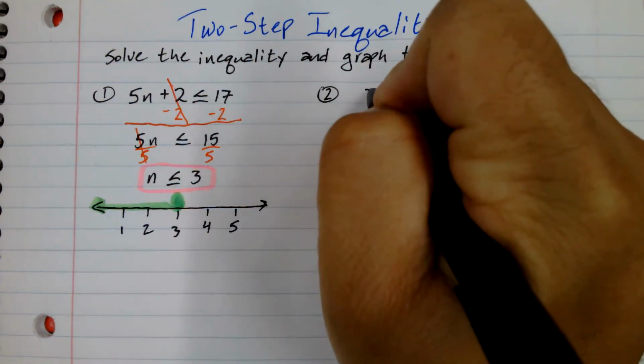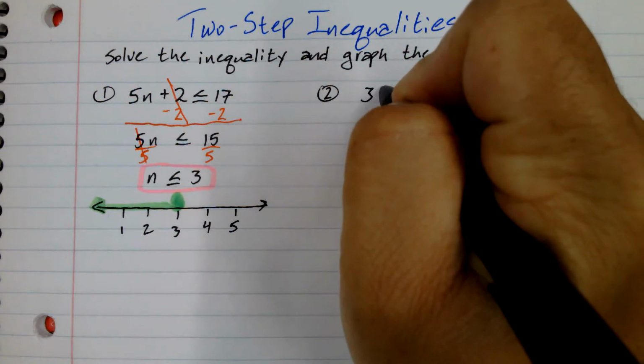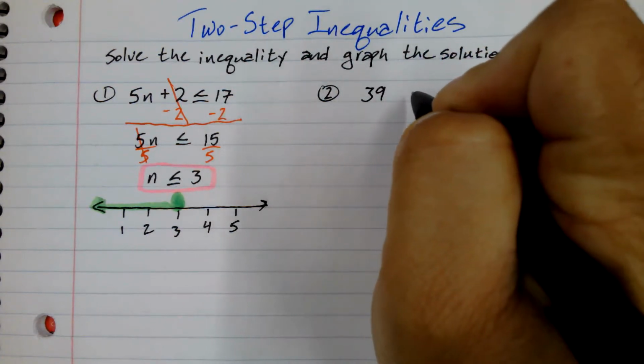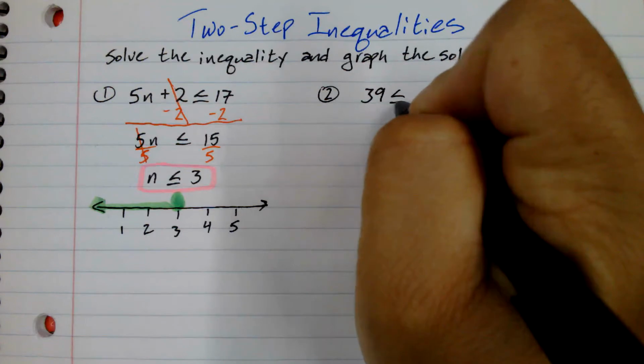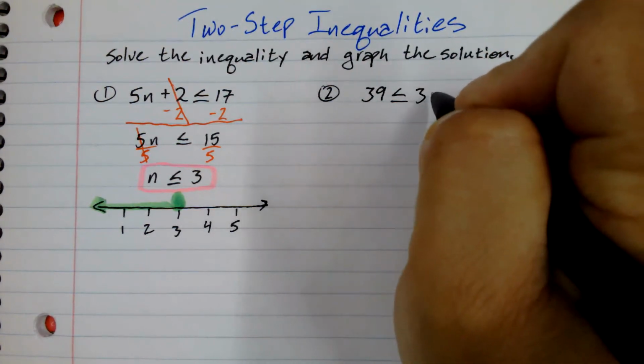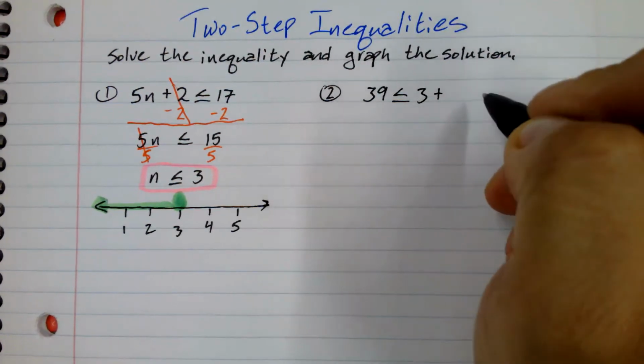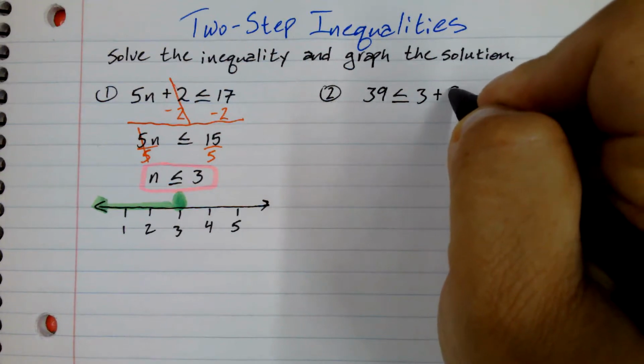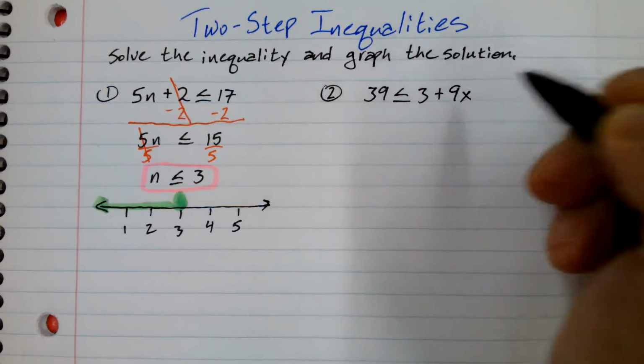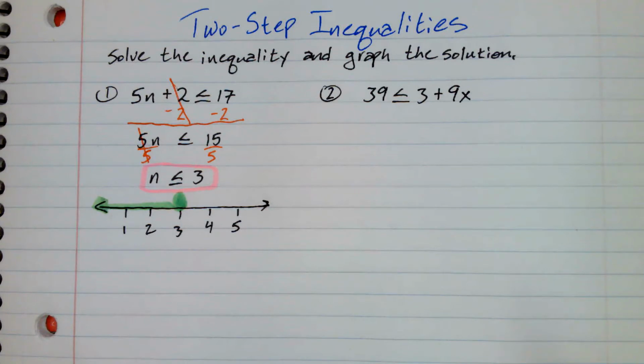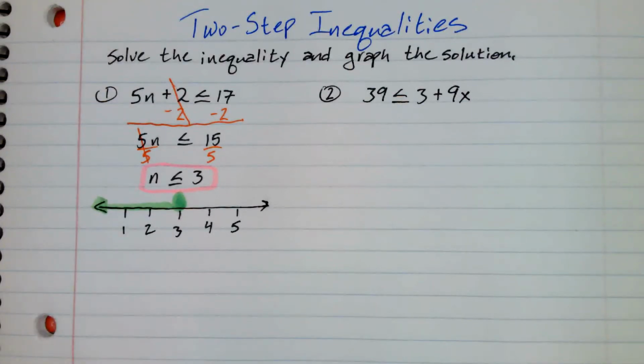Let's do 39 is less than or equal to, again, 3 plus 9x. Help me out here.